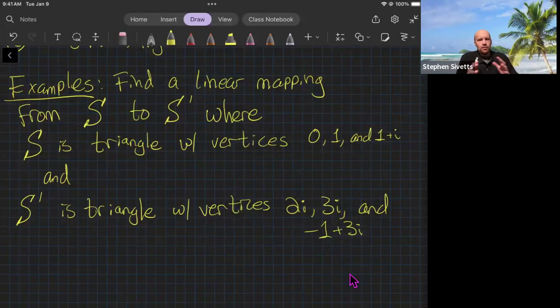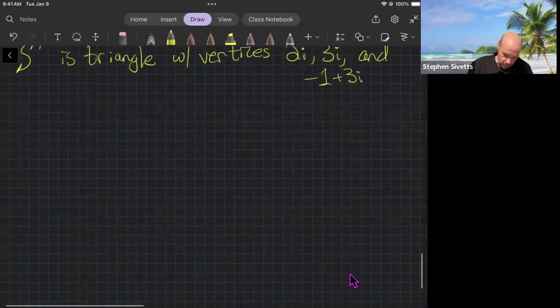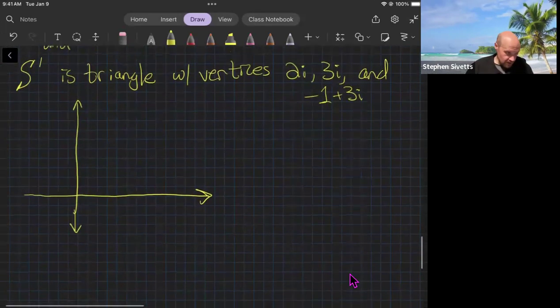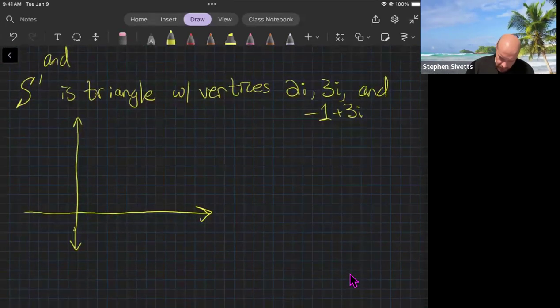Okay, so pause the video and try to work on this on your own. Okay, congrats on reaching this point. So I hope you worked on this example because I'm going to go over it right now. So in the z plane, we want to label out these vertices of the right triangle. We have one vertex at the origin, 0 plus 0i.